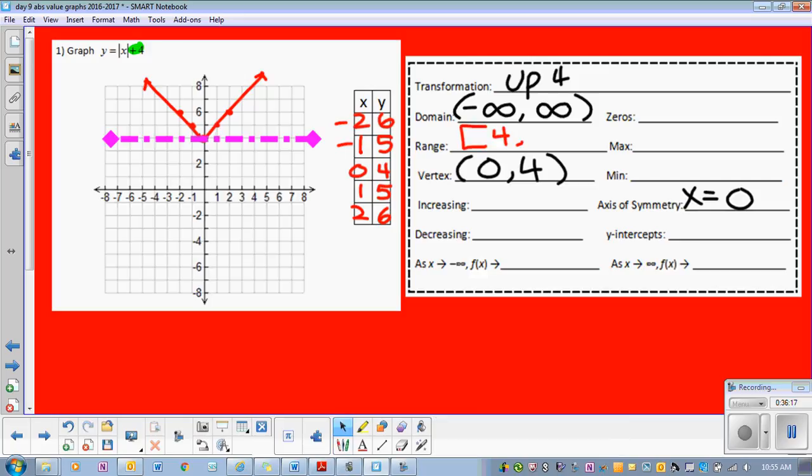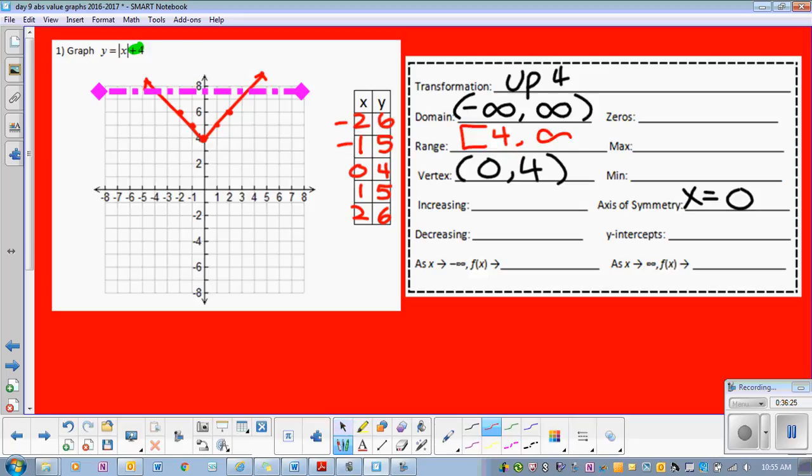And then it keeps going up, up, up, up, up to where? Infinity, because I have the arrows going up, right? Infinity always gets a parentheses. Oh no, my comma looks really funny. Let me just make that one over. There we go.